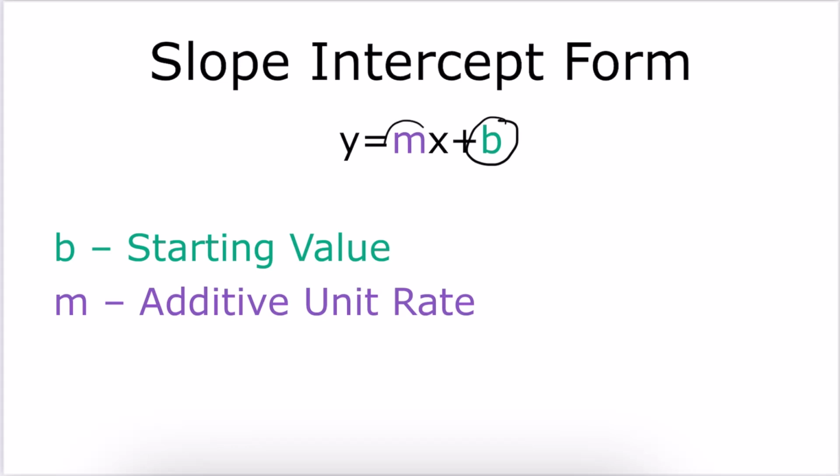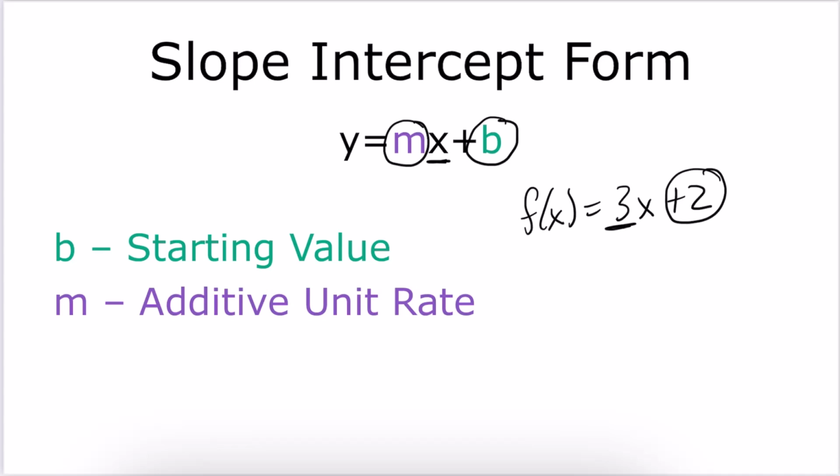And the number that's multiplied by your independent variable is the rate that you're consistently adding or consistently subtracting. So in our penny jar example, we had f of x equals 3x plus 2, because we started with 2 pennies and then we added 3 pennies for each consecutive day.